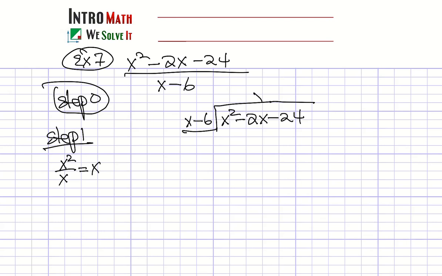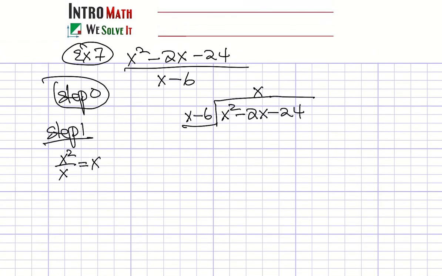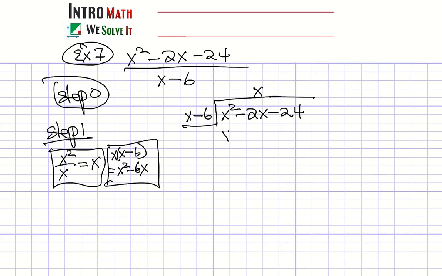Okay, so you put the x here. You see what we're doing, right? And then you take that x you got, you box it in there, and you get another box. You say x times x minus 6. That becomes x squared minus 6x. Okay, so you put it here, x squared minus 6x.